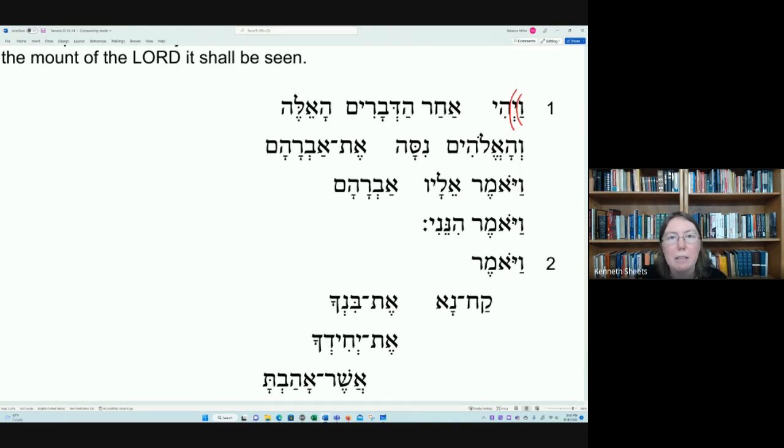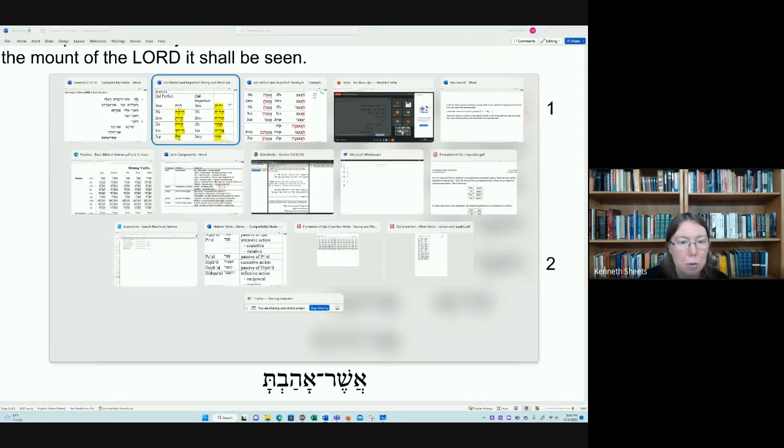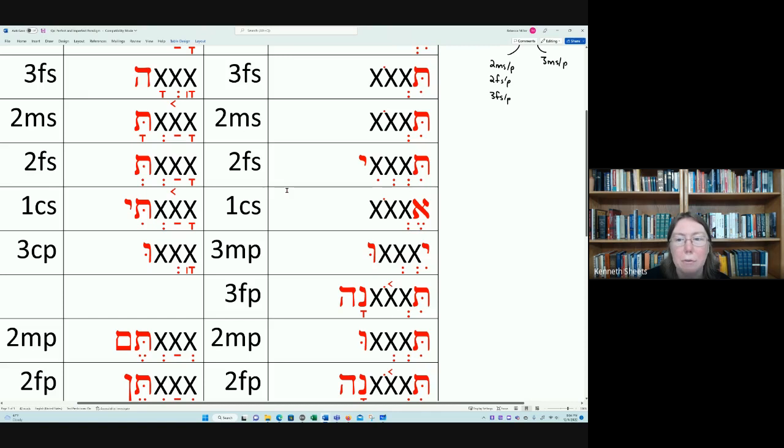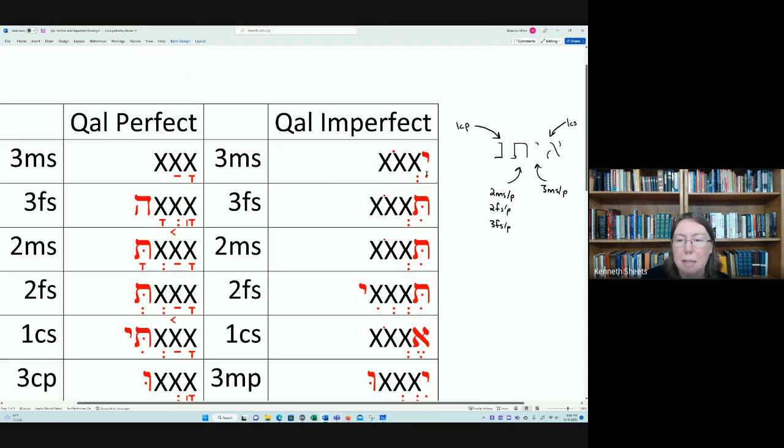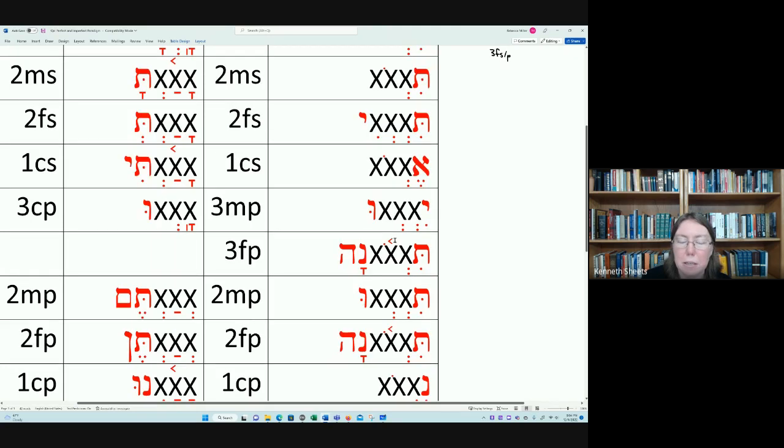And remember what I said. The yod would indicate third masculine, singular or plural. Now, in order to determine if this is singular or plural, I would look to the end to see if there is a U class of vowel, because notice as we were working through this. Third masculine singular, this is yiqtol. Third masculine plural is yiqtelu.